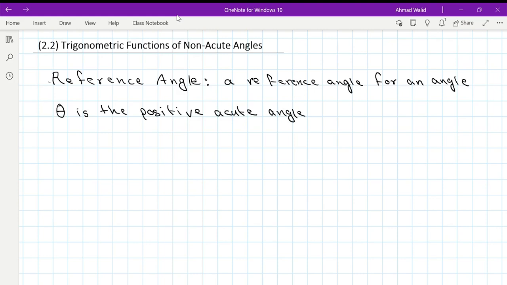I will underline this part for you: positive acute angle.